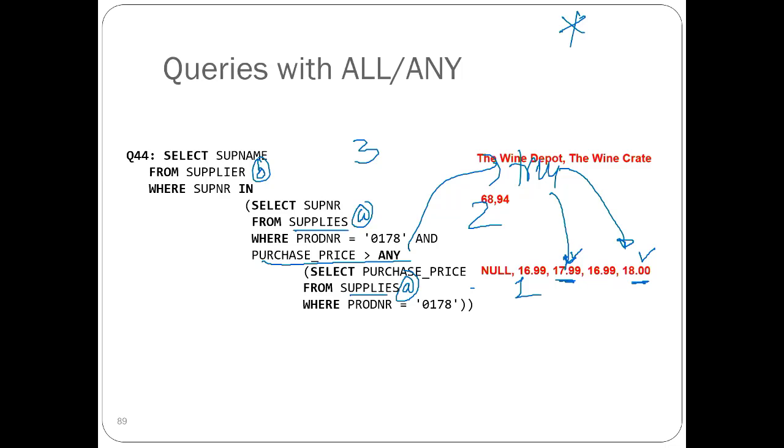Okay, so the wine depot and the wine crate. So what's the message? Well, if you have an example of the table and the query, then things get a lot easier.